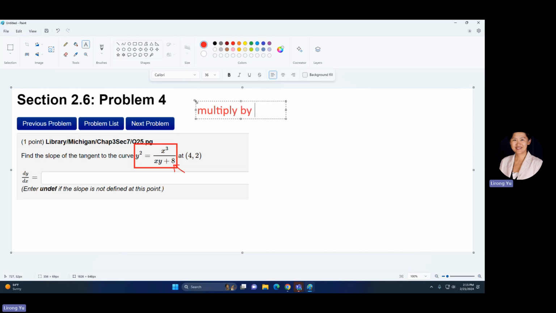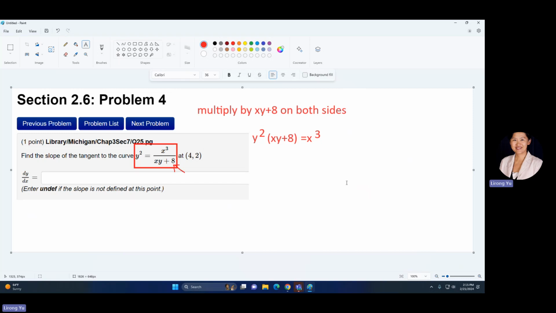Multiply by xy plus 8 on both sides of the equation, and that will cancel the denominator on the right, but it will add an extra term on the left. The term on the left is y squared, multiplied by xy plus 8. And then your right side will be just x cubed.